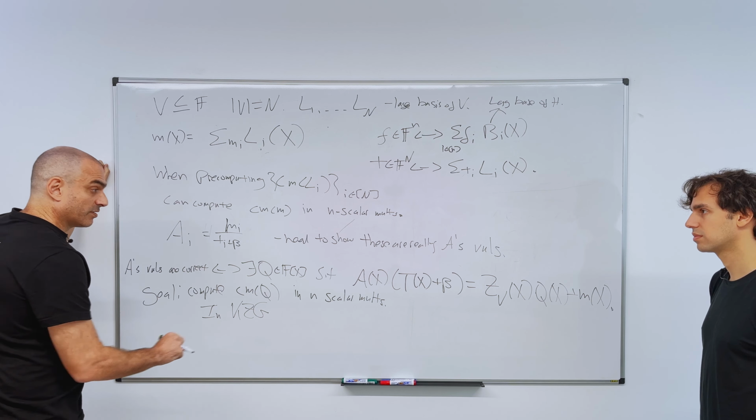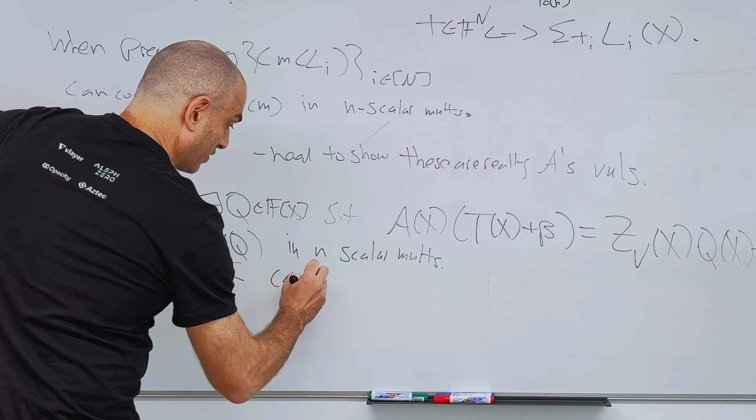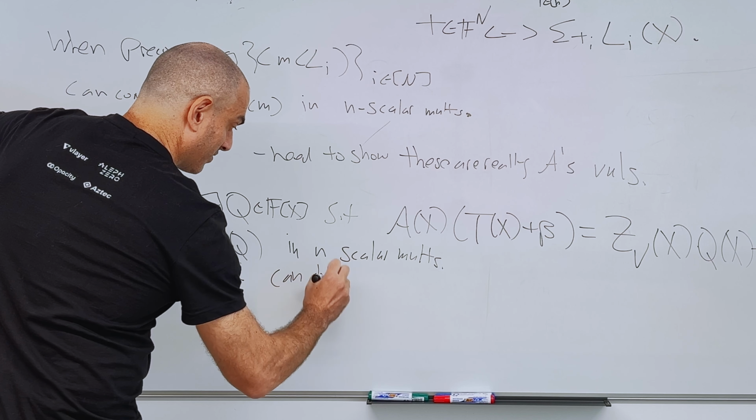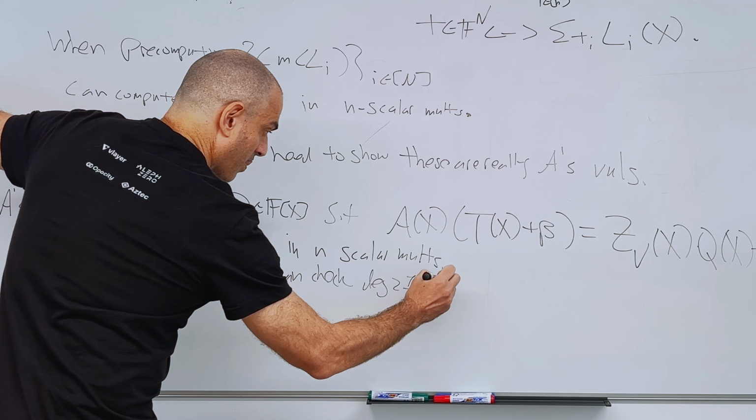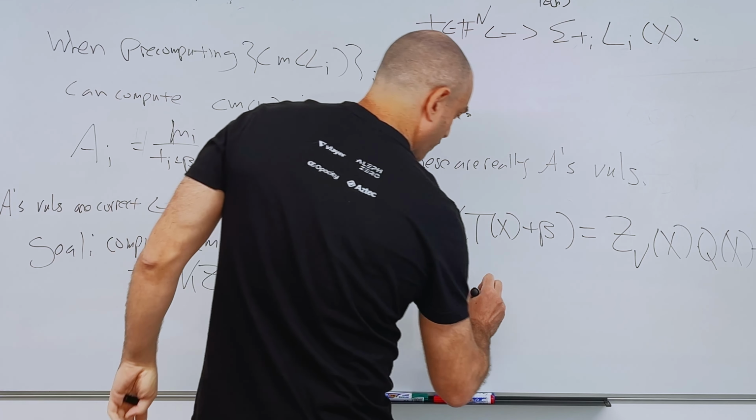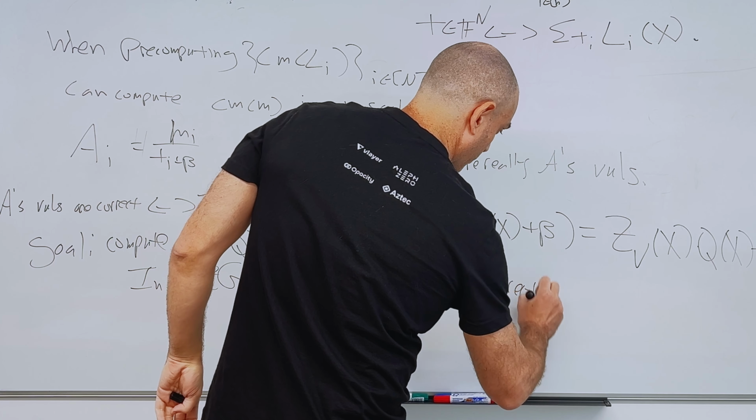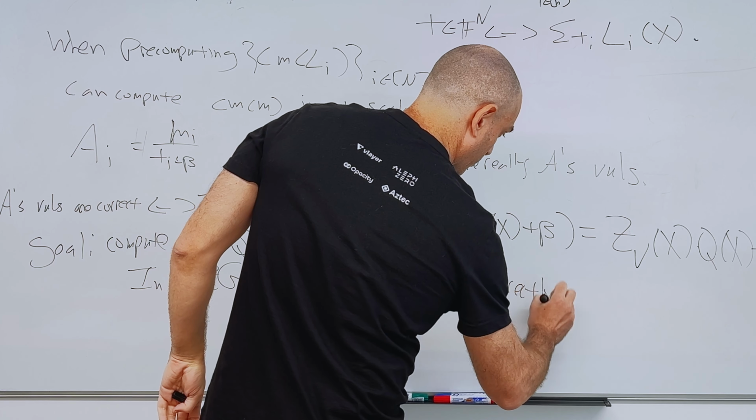In KZG, we can check a degree 2 identity directly from commitments.